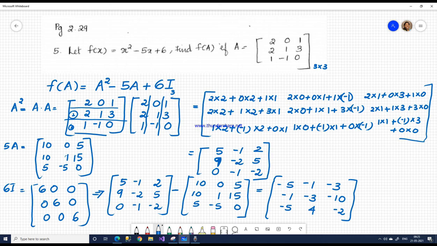I forgot to multiply this with 5. So it is 5. So changes occur over here as well. So it is 5. So this will be minus 7.